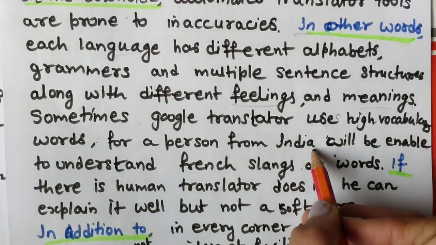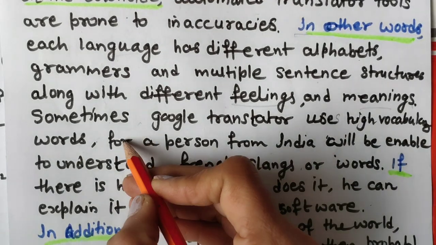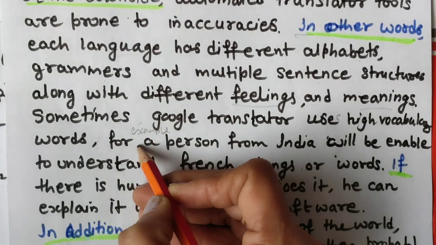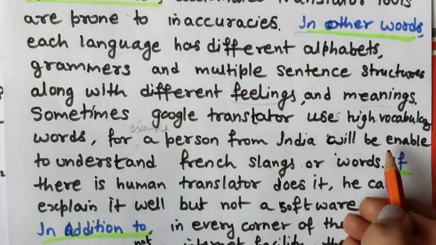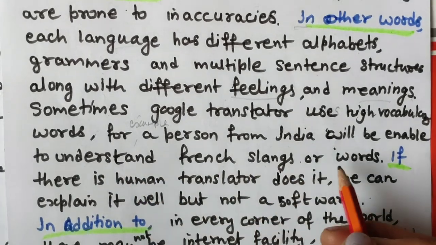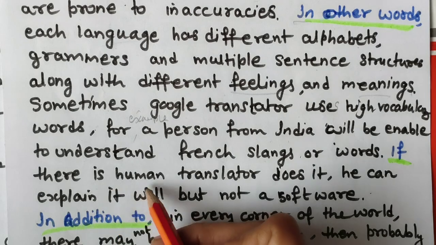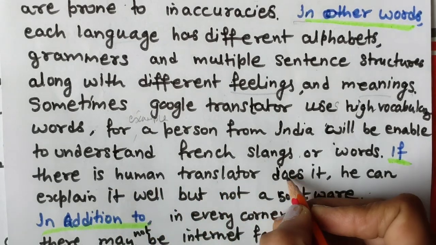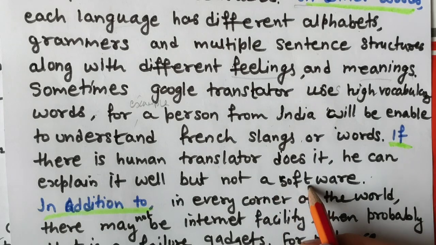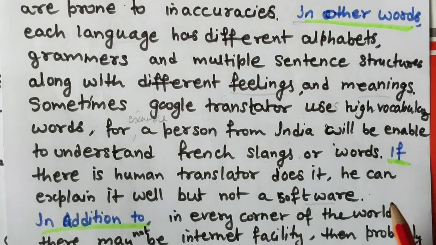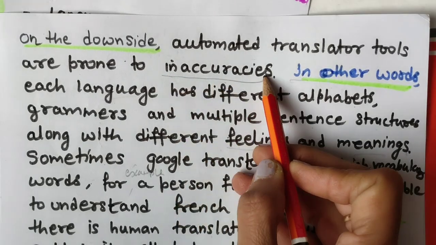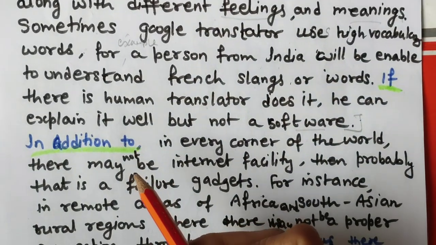For example, a person from India will be unable to understand French slang or words. If a human translator is doing it, he can explain it well, but software can't explain it. So that's the explanation of my first point, inaccuracies. Okay, so the second point is here.